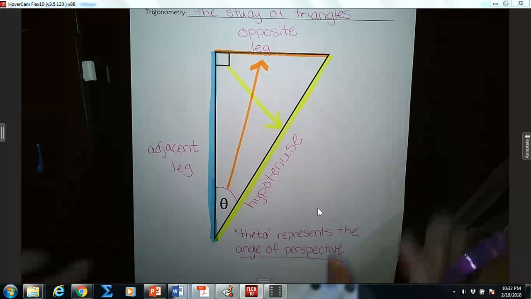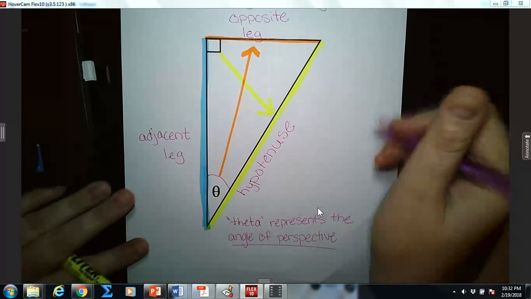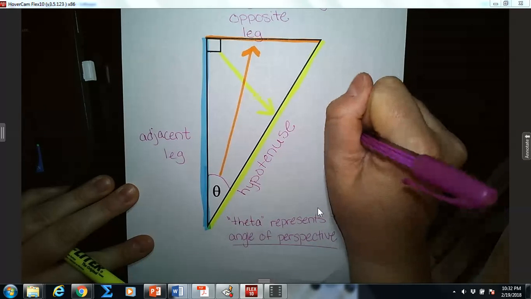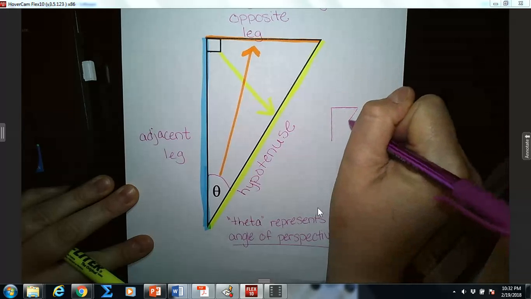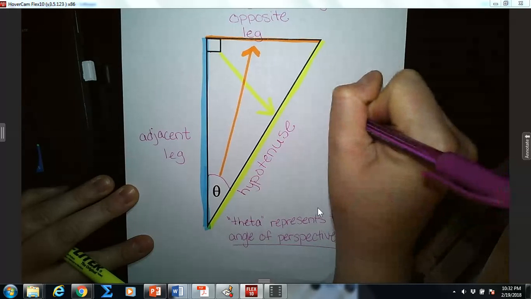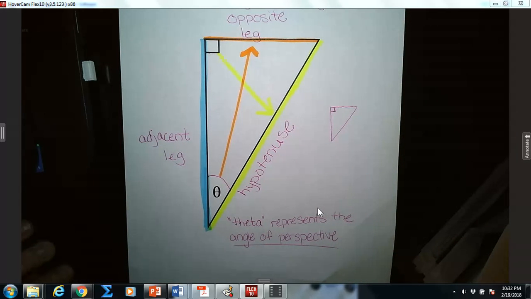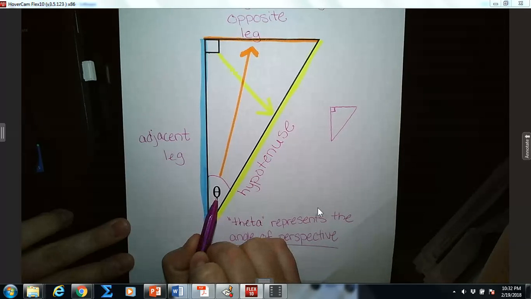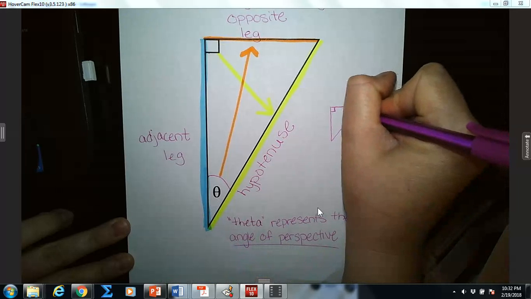Okay, so I just want to make a little side note here while we're working on vocabulary. I'm going to draw a second little triangle, and I want to see what happens if the angle of perspective moves. I've drawn my triangle in the same orientation as the original one, but instead of the angle of perspective being at the bottom of the triangle, I'm going to move it to the top.